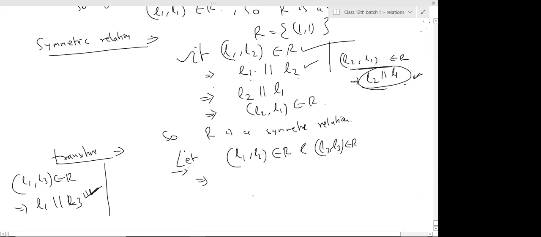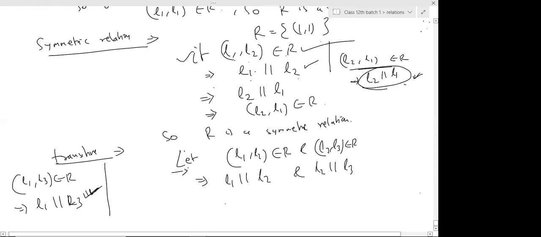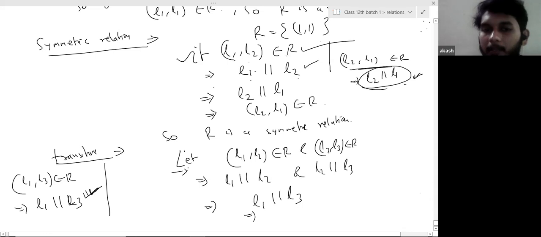Sir, L2 is parallel to L3 and L1 is parallel to L2, so L1 is parallel to L3. Absolutely right. So you have to write that L1 is parallel to L2 and L2 is parallel to L3, so L1 is parallel to L3. This implies L1, L3 belongs to R. So R is transitive.